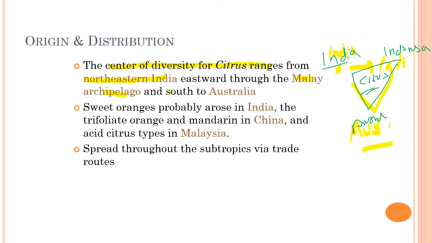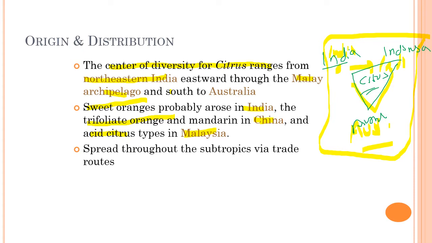For example, certain types of citrus like sweet orange probably came from India. Whereas the trifoliate orange, the one I showed you a picture of in the last slide, is originally from China. And certain citrus like lime probably came from Malaysia. So these are different types of citrus. They came from this huge area, from India all the way to the east.